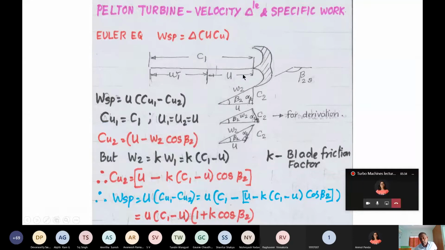The reason is there is no expansion there, so the relative velocity does not change. It's an impulse turbine. Again, we say that in an impulse turbine, the relative velocity remains constant. But then W2 will be less than W1 because of blade friction. So you put a coefficient K, which may have values 0.9 or 0.95.